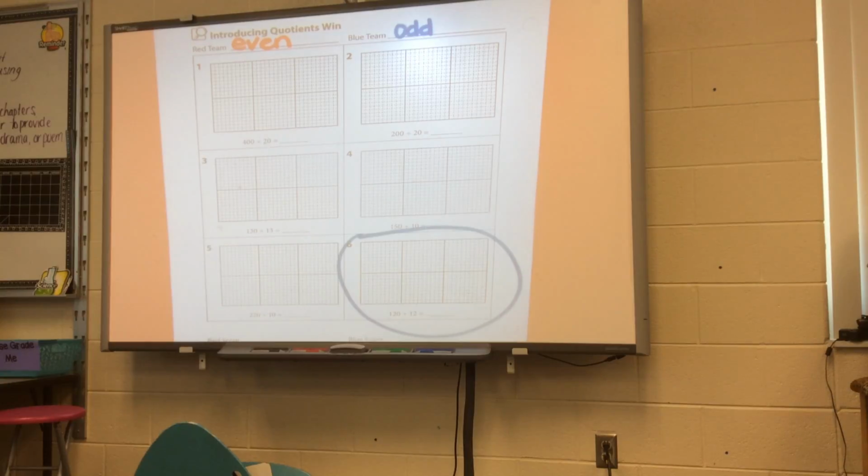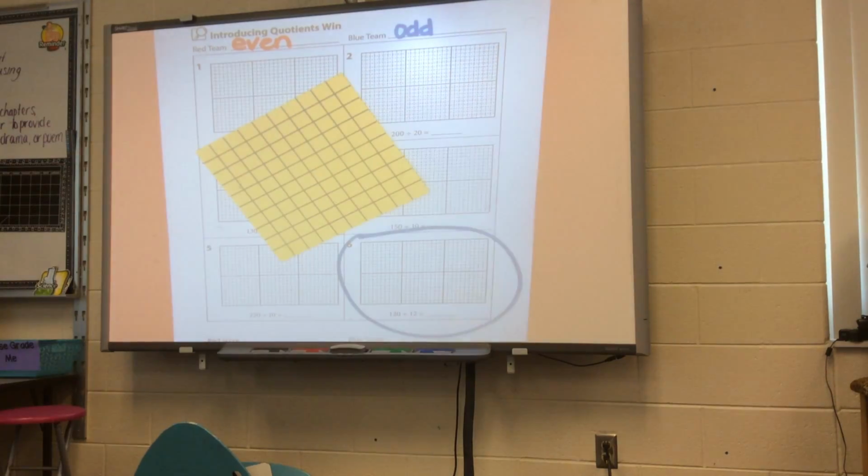Now, what Giuseppe's going to do, and the odd team can help me do this, is we're going to solve 120 divided by 12. So here is 100. We have to build it. Remember, it's practice to build.